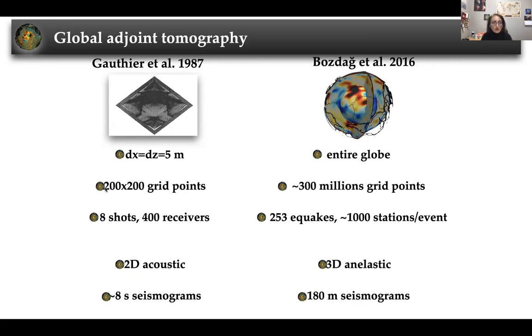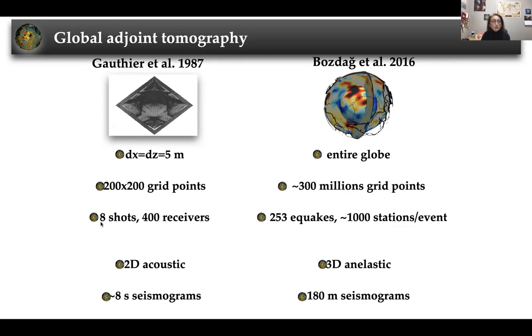In our case, we have the entire mantle and the crust. They had 200 by 200 grid points. In our current resolution, in the construction of GLAD M15, we had more than 300 million grid points. And when we go down to nanoseconds, actually, this will be billions of grid points.